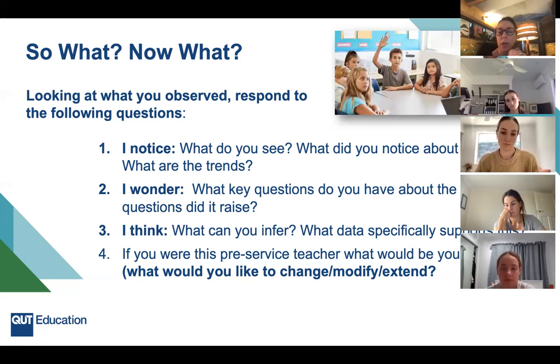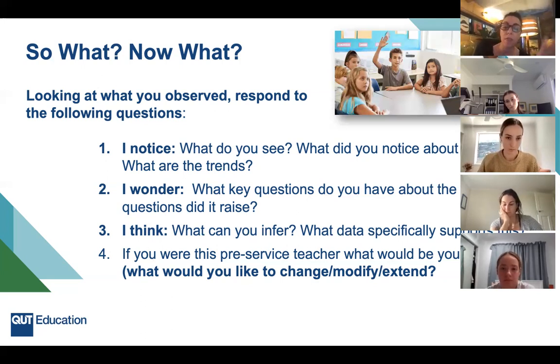You don't necessarily want to interrupt them, but you certainly want to be there, available for them to ask questions. And I guess that comes down to knowing your students and how they learn. So it's a really vital step when you've provided a task for students to do. You need to be available for them to ask questions.